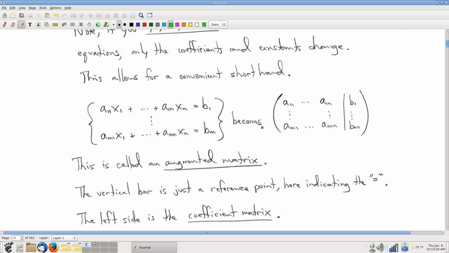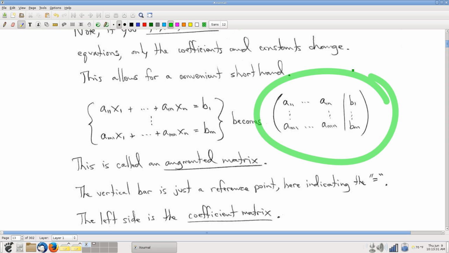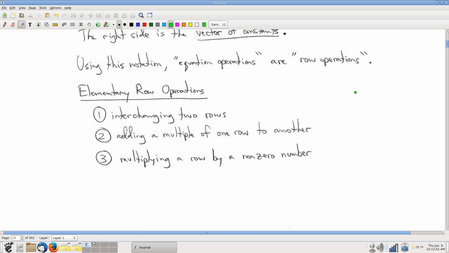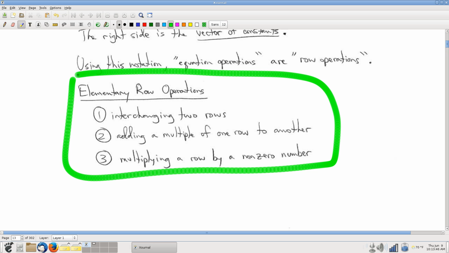So if you are using this shorthand, and if you want to apply elementary equation operations, well, equations, being as they are just rows in the shorthand, elementary equation operations we can reinterpret as elementary row operations.